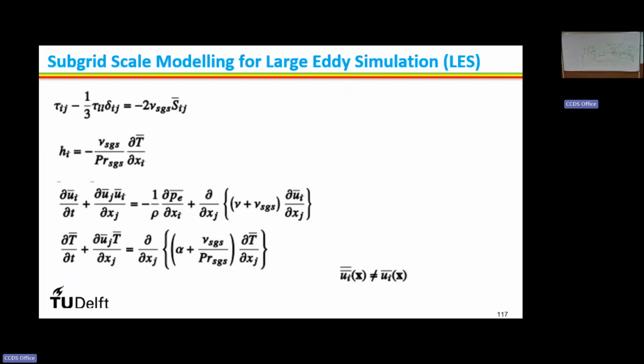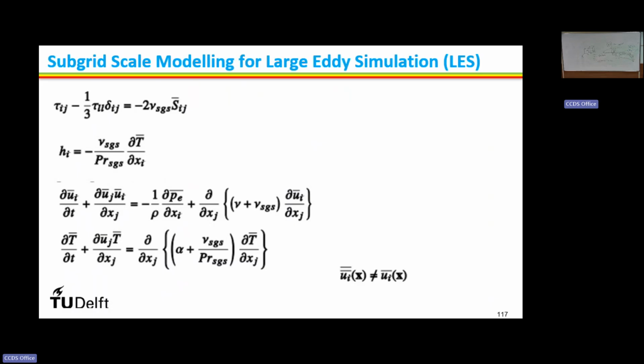For the RANS model, we assume the subgrid scale stress minus the isotropic component, the deviatoric component, is proportional to the mean strain rate, and the proportionality constant is the subgrid scale viscosity.